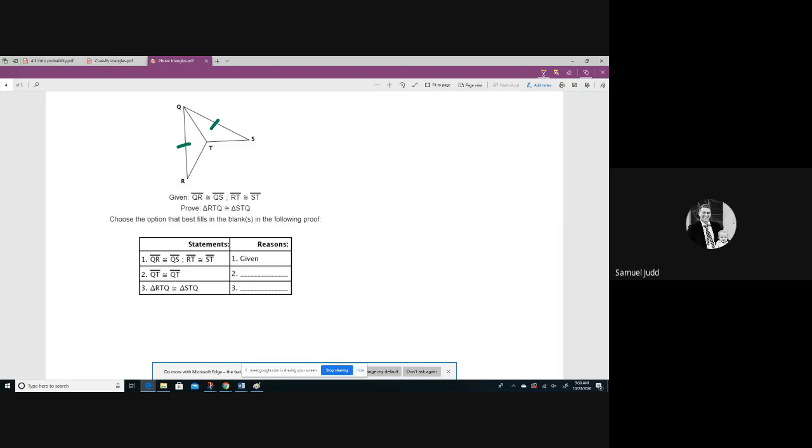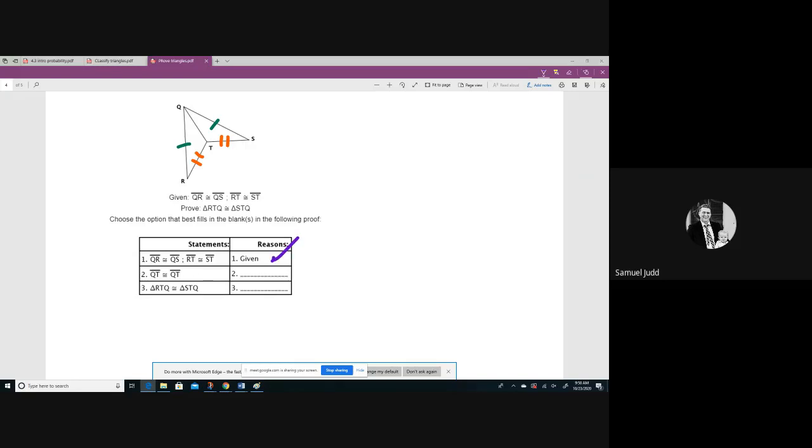We are given that RT and ST are congruent. Okay. Starting to see something happening here, and we're trying to prove the triangles are congruent. So we'll start off by restating our given that QR is congruent to QS and segment RT is congruent to basically this one. Okay, so we listed it.